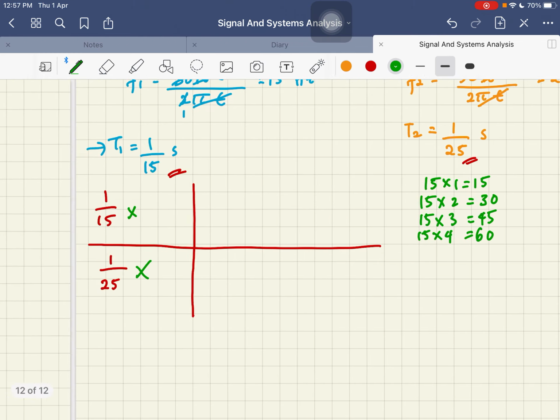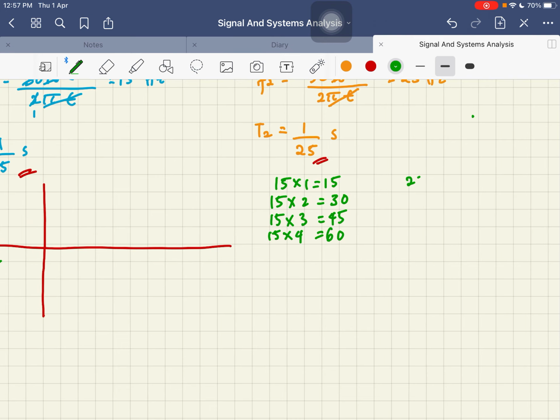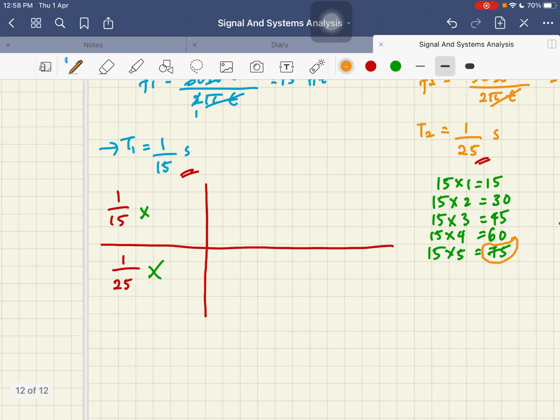Now let's have a look at 25 times 1 is 25, times 2 will be 50, times 3 will be 75. So what about this one? 5. Right, 75. Now we have two numbers, 75 and 75, that we can use to multiply these two numbers.